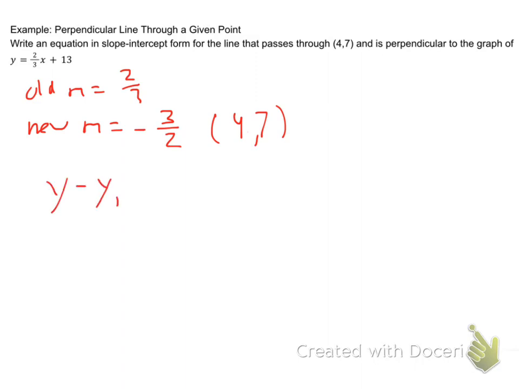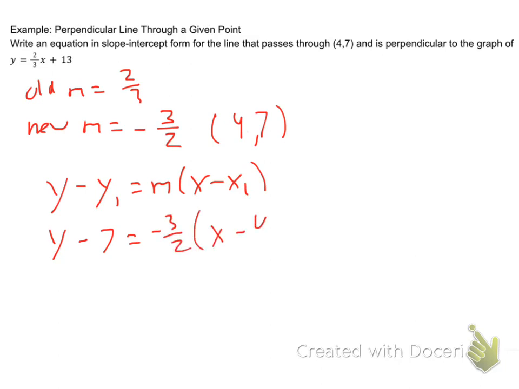But I'm still going to start off with y minus y1 equals m times x minus x1, which is point slope. So y minus 7 equals negative 3/2 times x minus 4. I'm going to start to distribute, so y minus 7 equals negative 3/2 x.